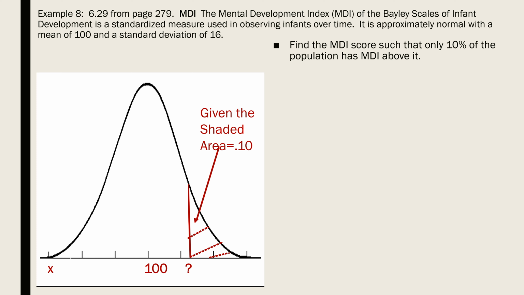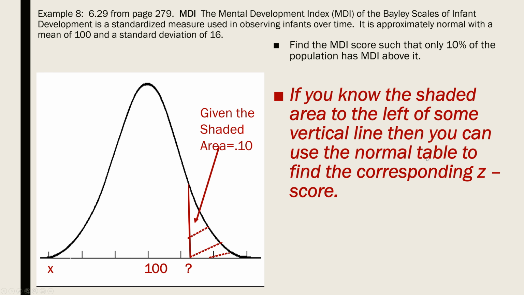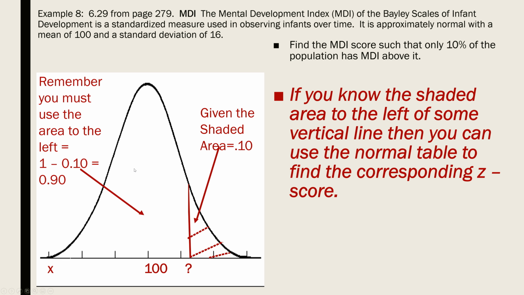A modified question could be, find the MDR score such that only 10% of the population has an MDR above it. So the given shaded area equals 0.1. Then we still need to find the shaded area to the left, which could be calculated this way. The transparent area will be 0.9.